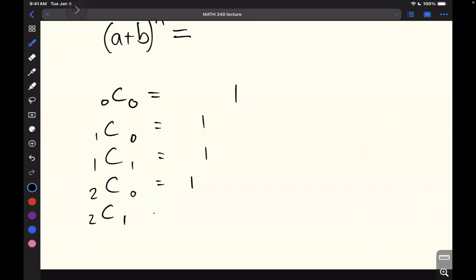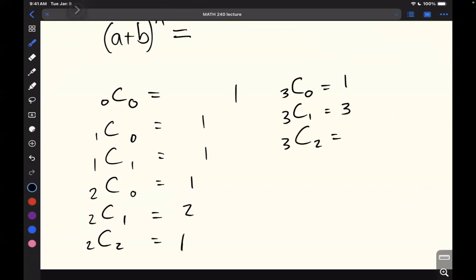What's 2 choose 1? What's 2 choose 2? Right, there's one way to choose 2 things from a set of 2. Okay, we're going to do one more round of this. What's 3 choose 0? What's 3 choose 1? What's 3 choose 2?